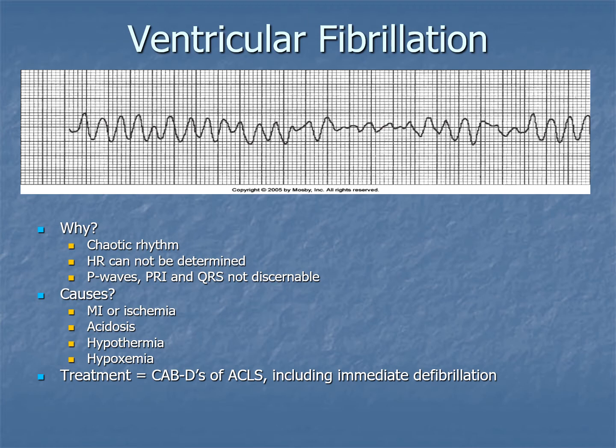Common causes include a myocardial infarction or ischemia, acidosis, hypothermia, hypoxemia, and then the treatment is really your CABDs, if you will, of ACLS. So, you start your compressions, you get your airway, you get your breathing, and then obviously the defibrillation is something that you're trying to do as soon as possible.